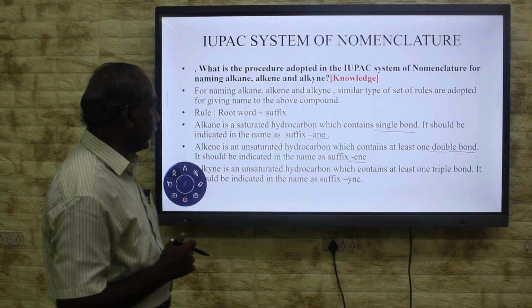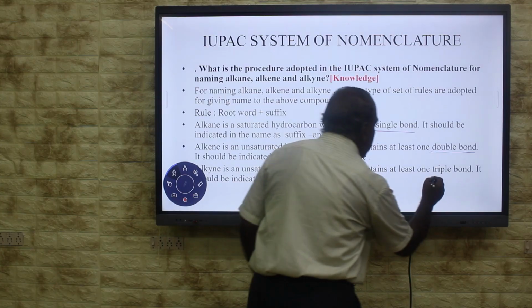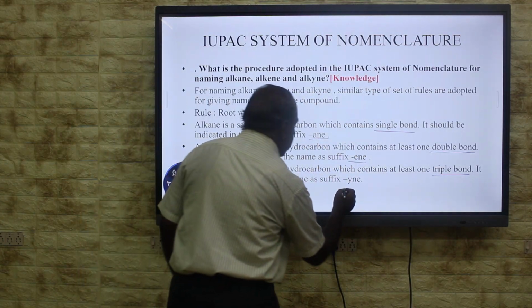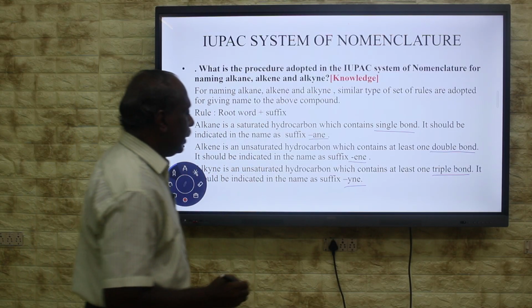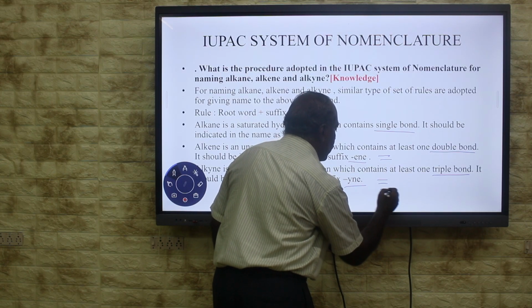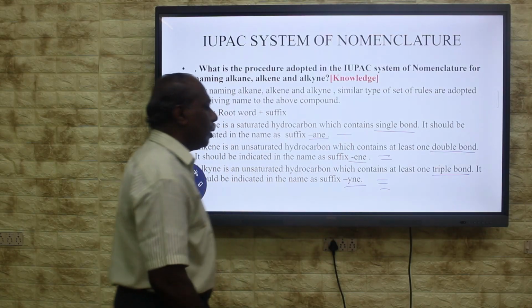Alkyne is an unsaturated hydrocarbon which contains at least one triple bond. It should be indicated as yne. This yne indicates the compound has a triple bond. Here, ene indicates the compound has a double bond. Yne indicates the compound has a triple bond. A-N-E indicates the compound has single bonds.